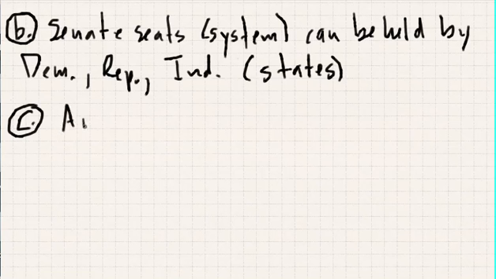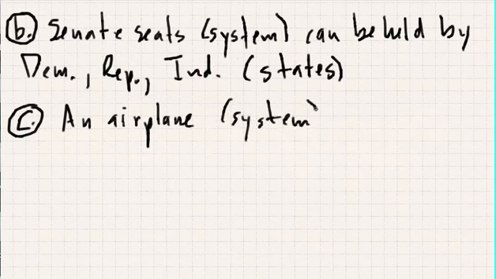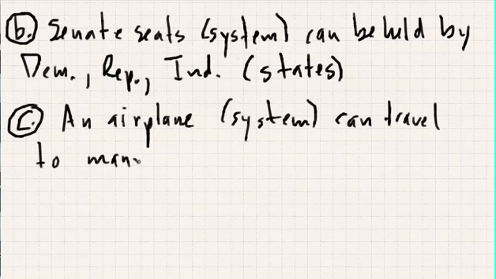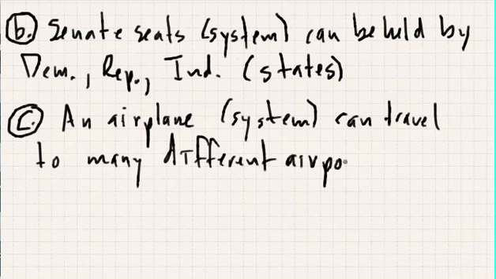Here's one where there are a lot of states. We can look at an airplane. This will be our system. It can travel to many different airports, and these will be the states, which airport the airplane is in.